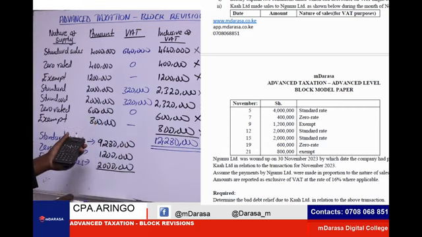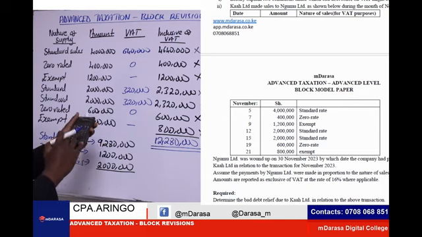So if at all we had this, we've said in this case I'm having 2320, 4640 plus 4640.